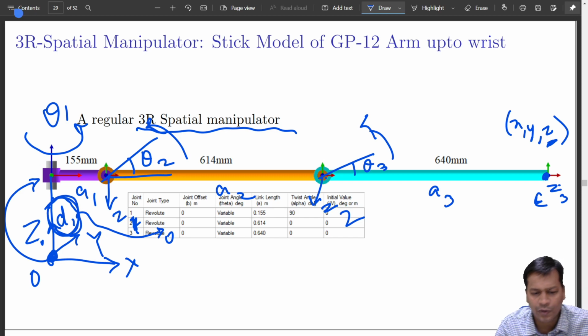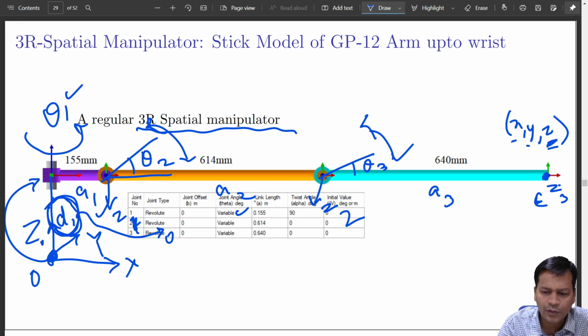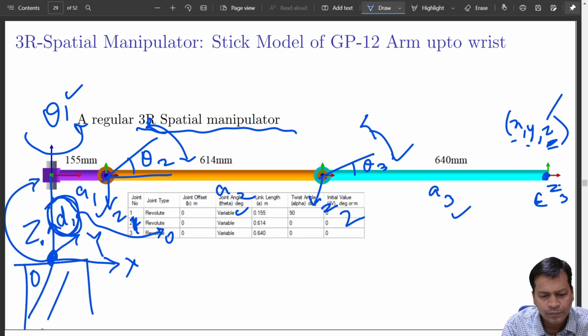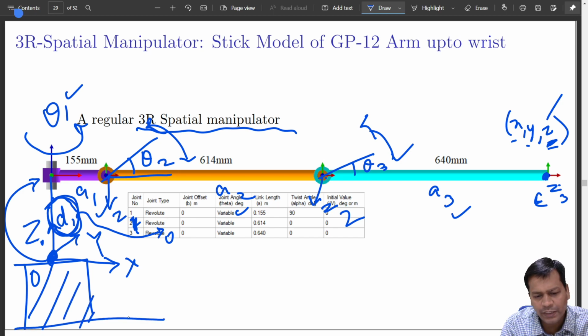You can add this later on also. If this shows x, y and z, then z will be directly dependent on theta 1, theta 2, theta 3, a1, a2 and a3. D1 will appear as a constant in this, which you can eliminate while calculating and put in later. This robot can further be mounted on a concrete block, and this forms the floor. In that case, this can even be placed over here.